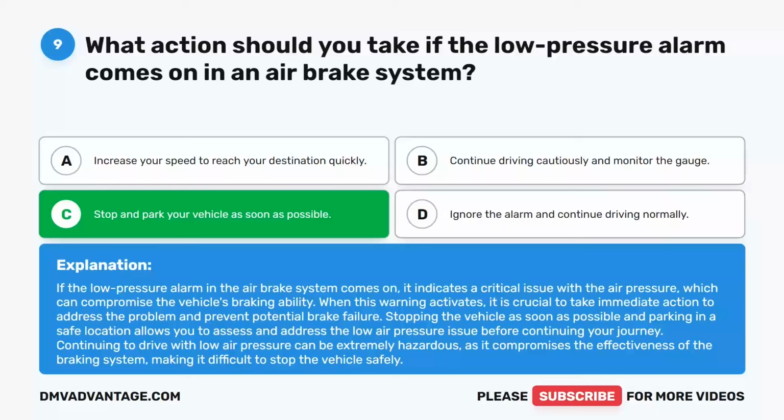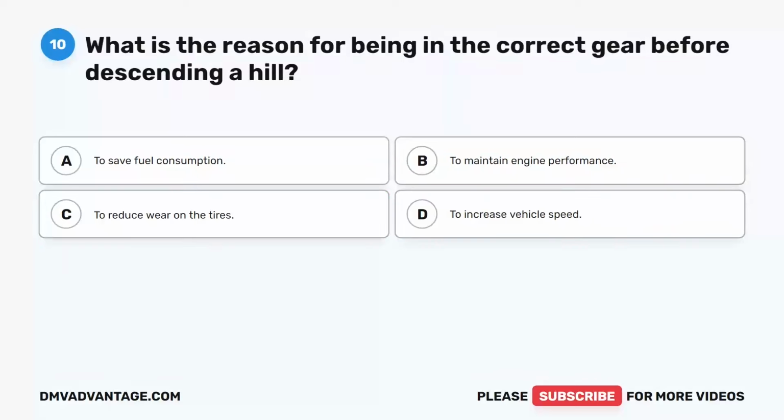Stopping the vehicle as soon as possible and parking in a safe location allows you to assess and address the low air pressure issue before continuing your journey. Continuing to drive with low air pressure can be extremely hazardous as it compromises the effectiveness of the braking system, making it difficult to stop the vehicle safely.